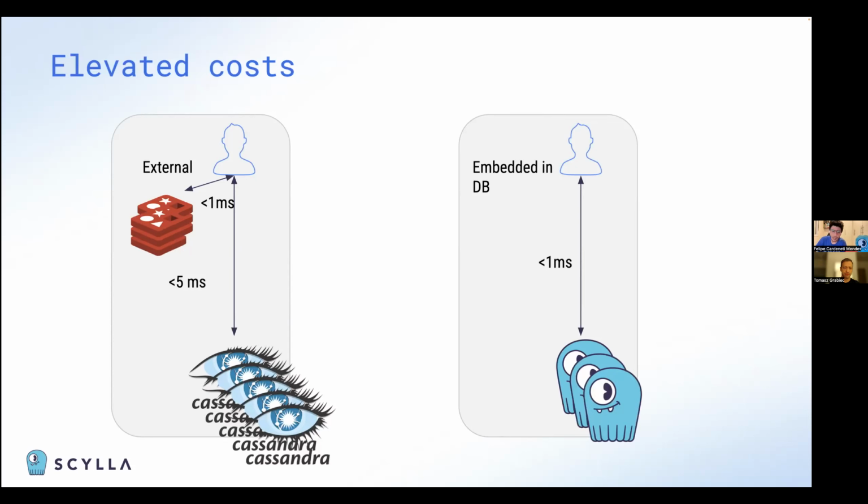All right. The next aspect relates to costs. When you use an external cache, it may happen that your workload scales up to a point where your data no longer fits the infrastructure you originally provisioned to run that workload.